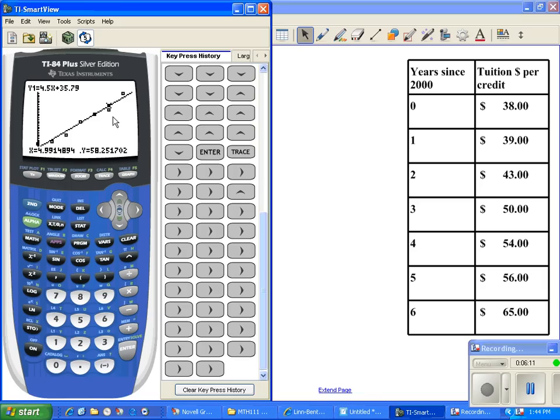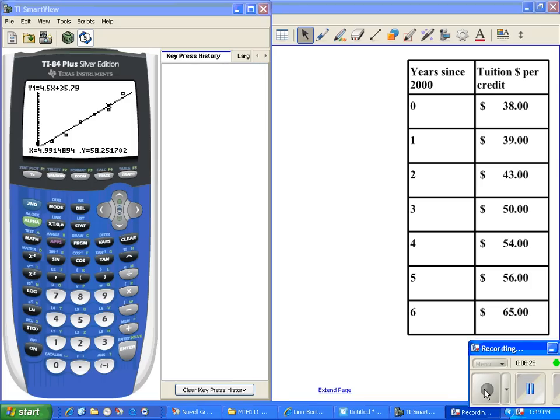But that's our estimate of the overall trend of what's been happening at Linn-Benton over the past few years. Now that we have our data set, we could estimate the tuition in the year 2010. Sorry, had a little interruption there. I think we're about done. Now that we have our equation, X would be the number of years since the year 2000.